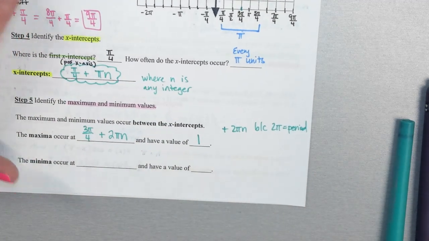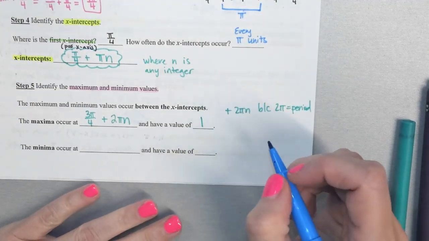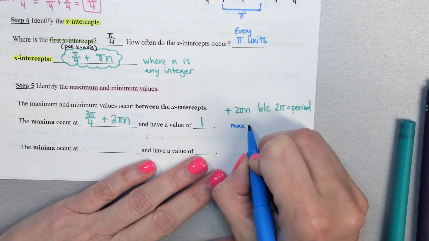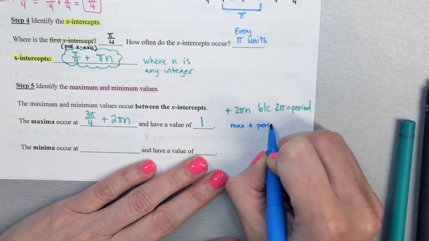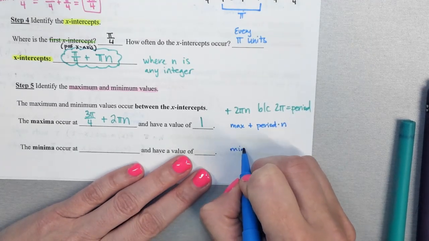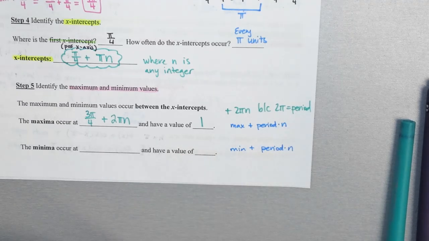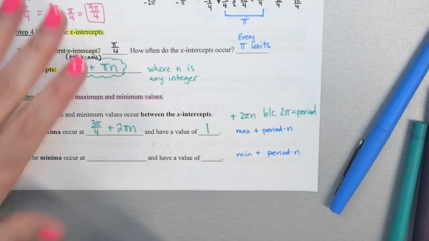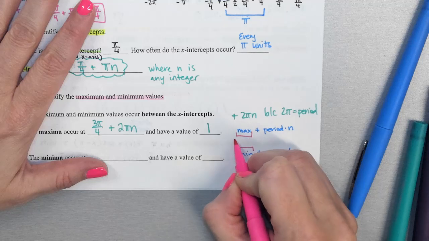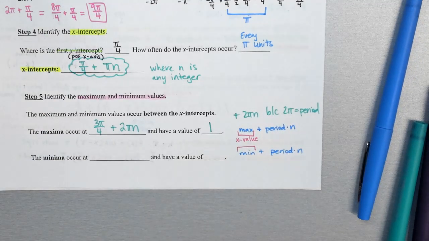If you had to write this for a period that was different than that, you would do your max value plus the period times n. Your min value plus the period times n. And when we say this min value and this max value, it's the x value where it occurs.